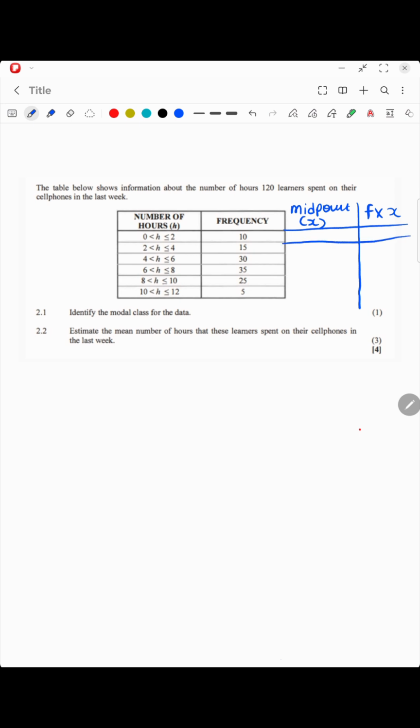So to find the midpoint, we have to take the lower bound and the upper bound, add them together, then divide by 2. For the first interval, the lower bound is 0. This is our lower bound. And 2 is our upper bound.